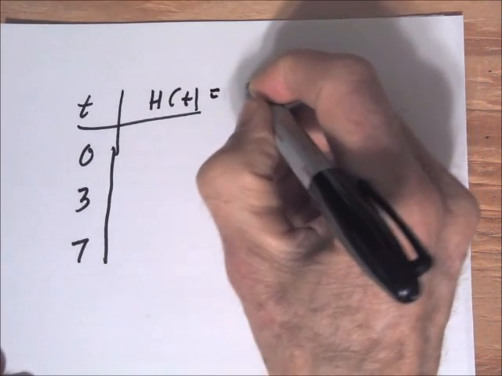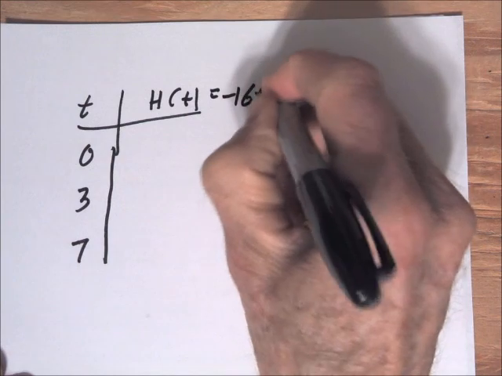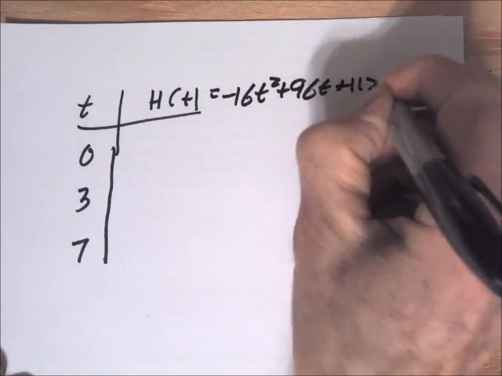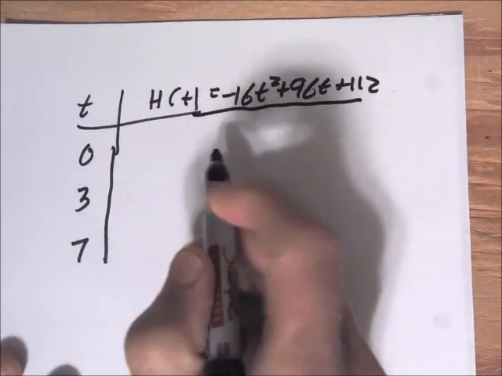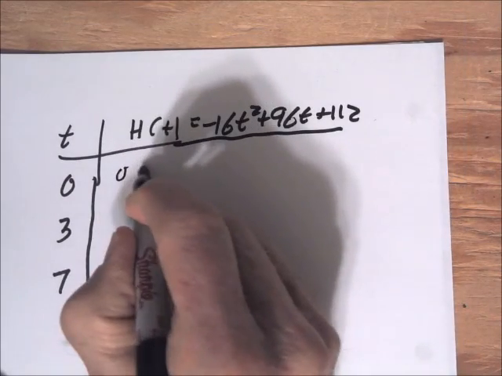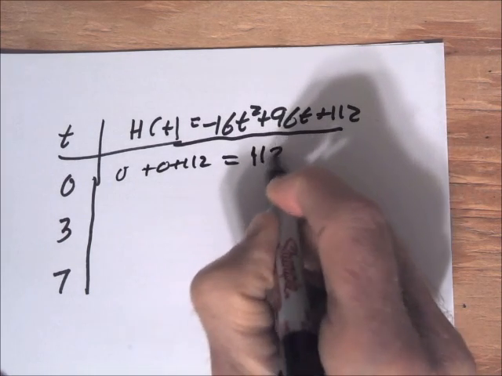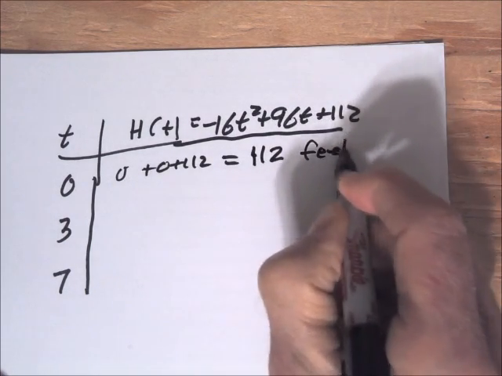I'll write the equation here: -16t^2 + 96t + 112. At time 0, you're just going to have 0 plus 0 plus 112, so that's 112 feet in the air.